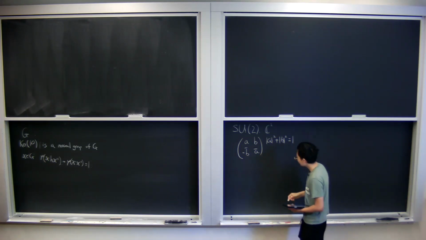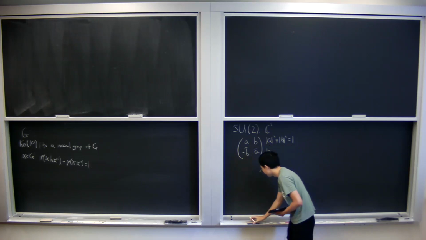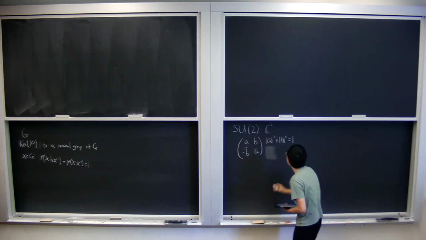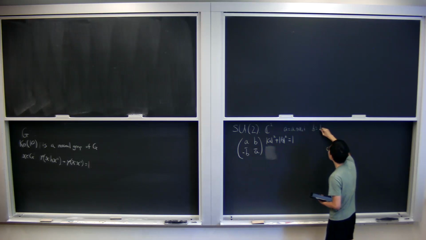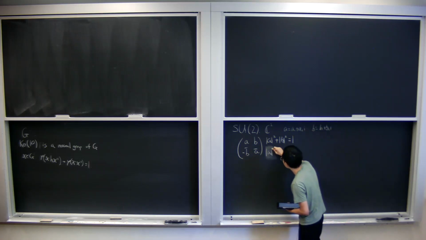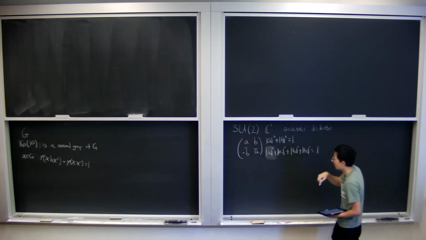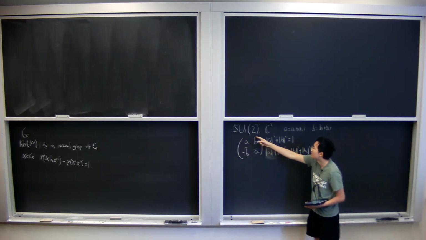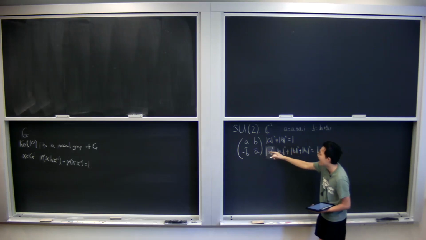In particular, since A and B are complex, this actually also implies, suppose A is equal to and B is equal to, then this thing also implies that each element in the special unitary group is a solution to this equation, and they're isomorphic to each other.